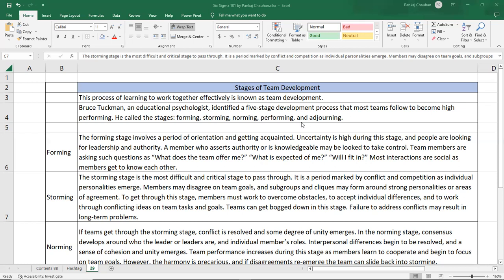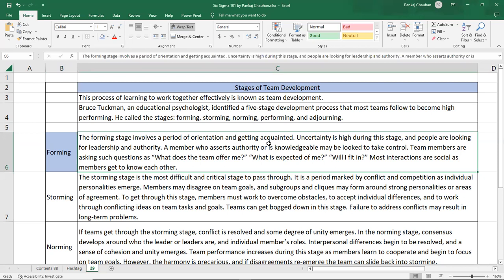So what is team development? The process of learning to work together effectively is known as team development. Let's talk about the first stage, which is the forming stage. Forming stage involves a period of orientation and getting acquainted. Uncertainty is high during this stage and people are looking for leadership and authority.